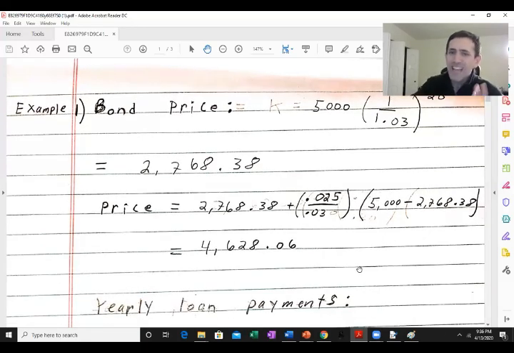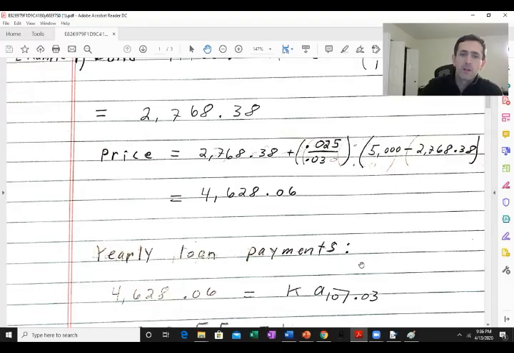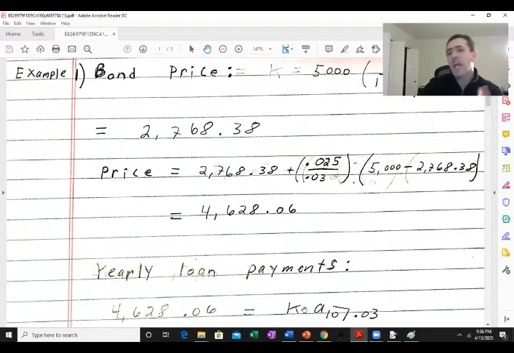Okay, so this is how much you need to take out to pay for your bond. Now let's say K is the loan payments for this loan of $4,628 and 6 cents. So maybe I could have used something else, but let's just say now K is the constant loan payments like we've been doing before.